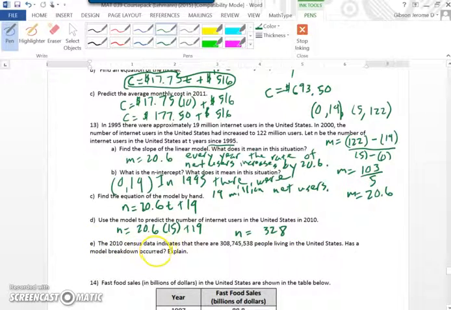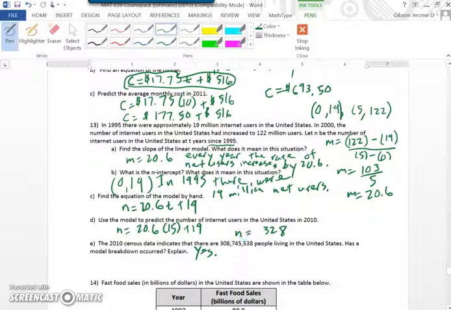It says the 2010 census data indicates that there are 308,745,538 people living in the United States. Has a model breakdown occurred? The answer is yes.